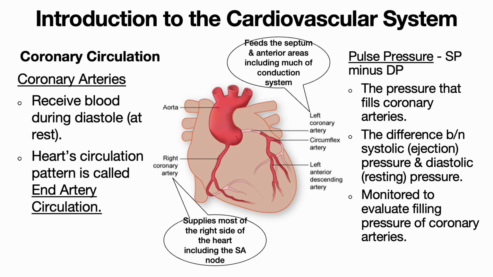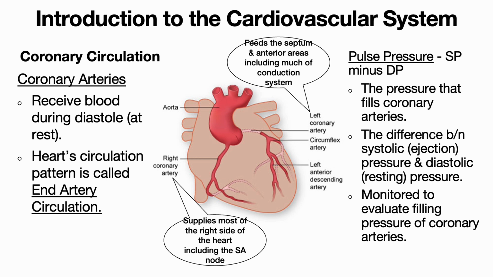The left coronary artery arises from the left side of the aorta and bifurcates or divides into two large vessels called left circumflex artery and left anterior descending coronary artery.